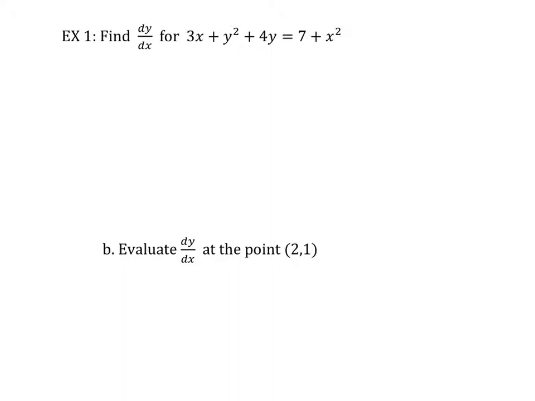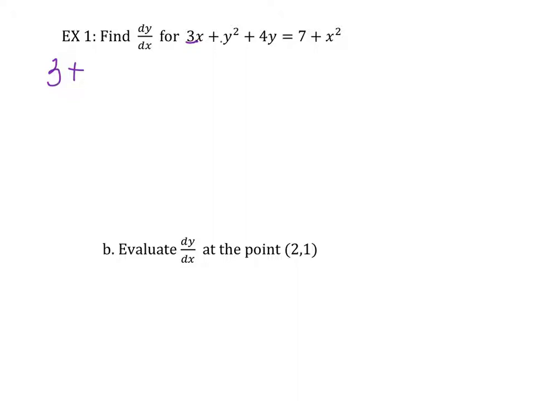for that long equation, and obviously I'm not going to solve for y. I can't solve for y very easily. So what you're going to do is go down the line taking the derivative with respect to x. If I take the derivative of 3x with respect to x, well, that's just 3. Plus, now what's the derivative of y squared with respect to x?